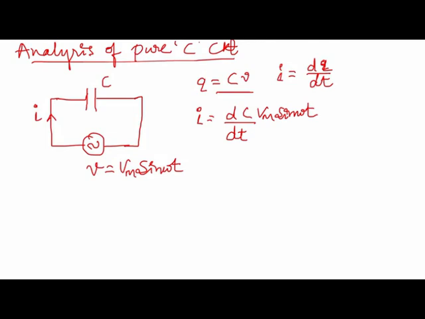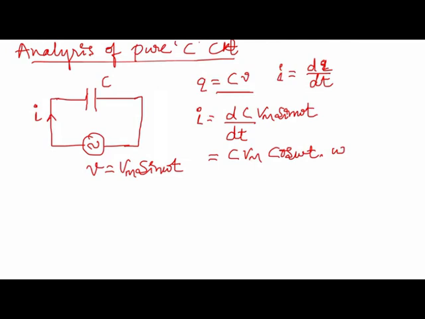Upon differentiating, let us take out C and Vm since both are constant. Here we are differentiating with respect to only t. The differentiation of sin omega t will be cos omega t into the constant omega.